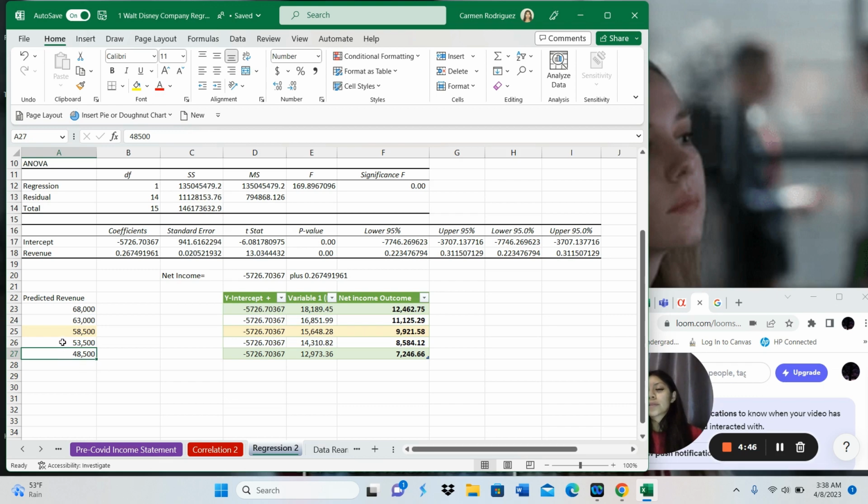But we could also predict that we made higher sales, increasing $5,000, which would be $53,500. And it shows us our net income. Of course, the lower the revenue, the lower our overall net income. But this formula allows us to quickly calculate our net income depending on our revenue changes.